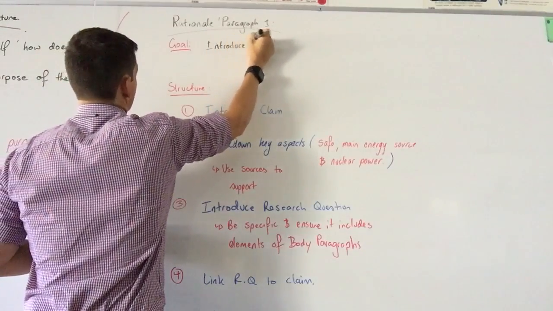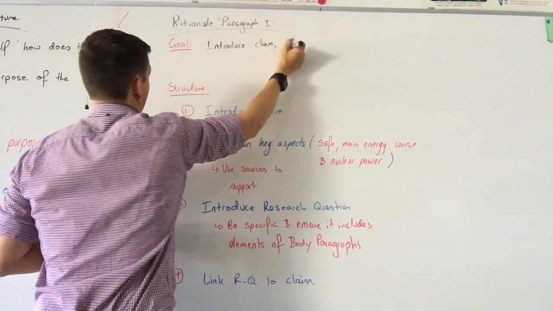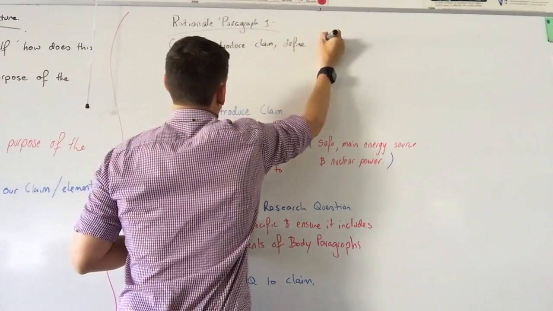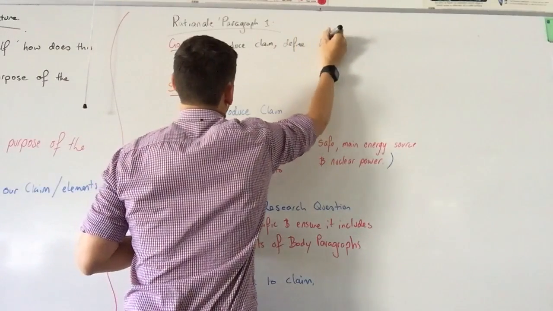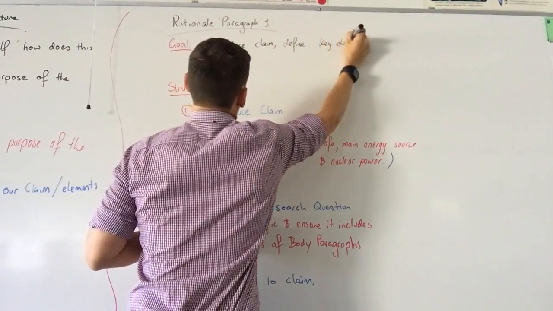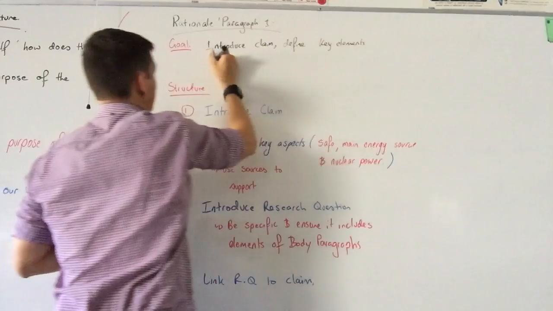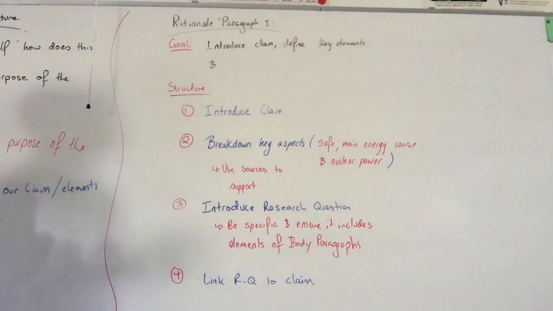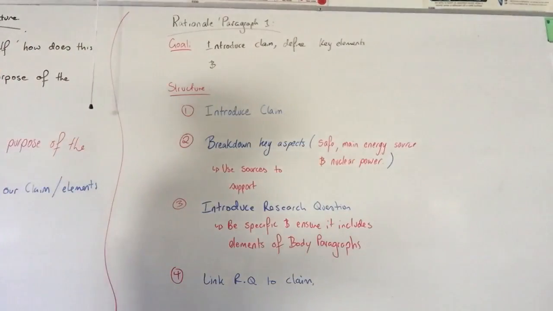So it's all about introduce claim, define key elements. And what's the last part? Yeah, what's the research question all about?